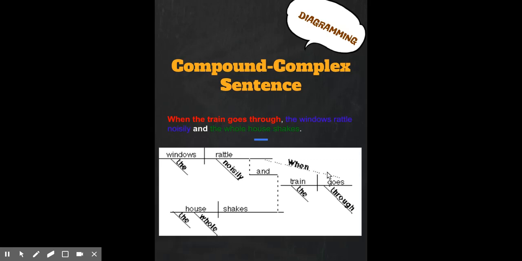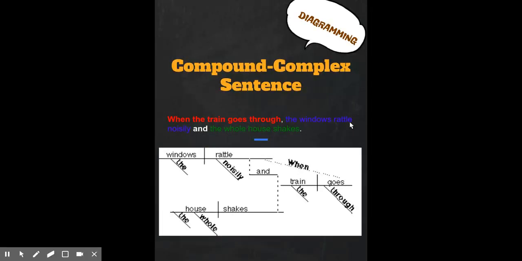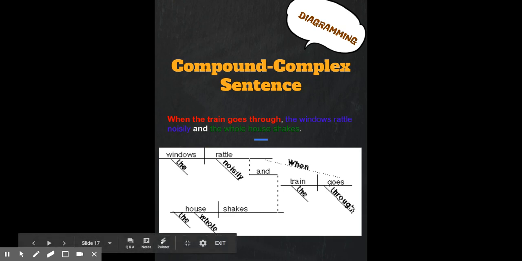So when is our connector, and this is actually an adverbial clause because it's modifying the verb rattle. So when connects it because it has a noun that follows it. The train is our subject. What the train's doing is it's going, and through describes where it's going.